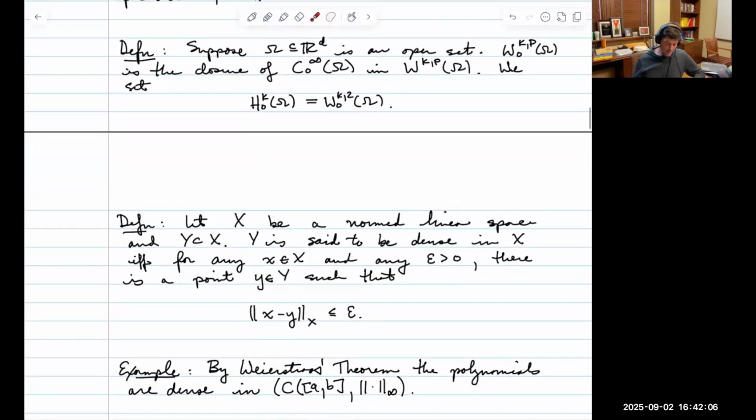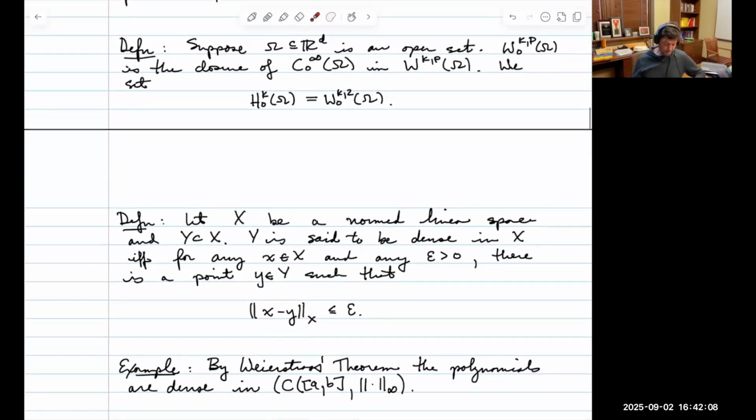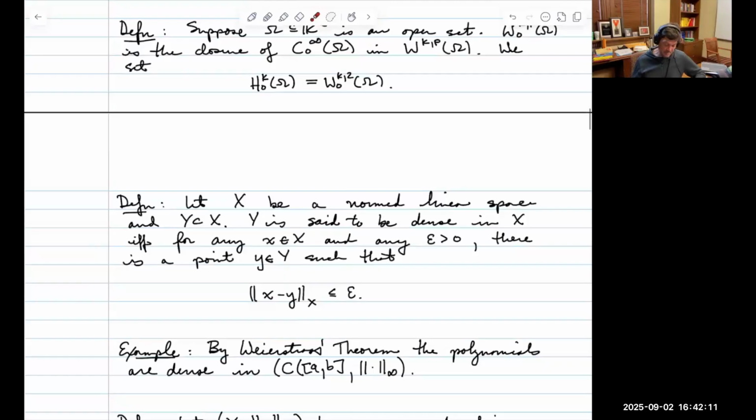So what do those mean? First of all, I ought to remind you what the closure of a set is, or what a dense set is. Let X be a normed linear space and suppose that Y is a subset.